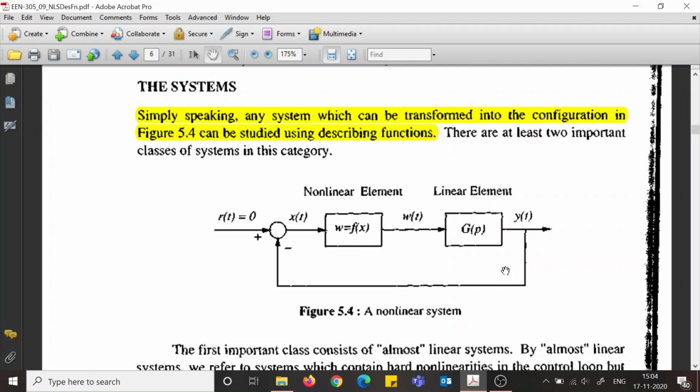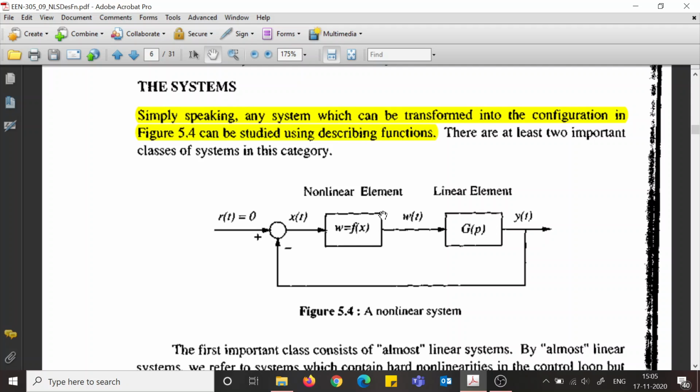What is this form? This form is, you can see, very simple. Previously we were accustomed to only a linear system in the forward loop and a unity feedback. Here a nonlinear element is also attached with the linear element in the forward loop.